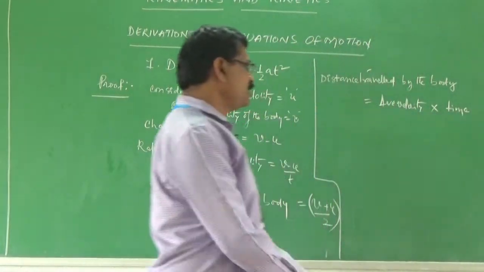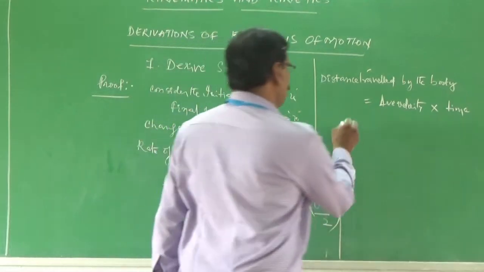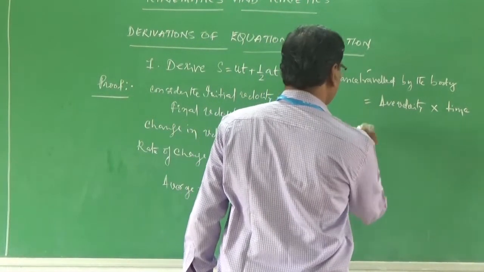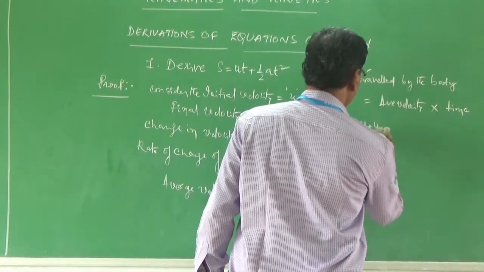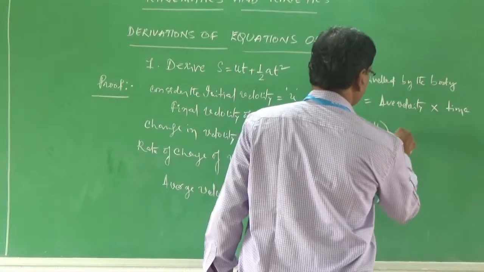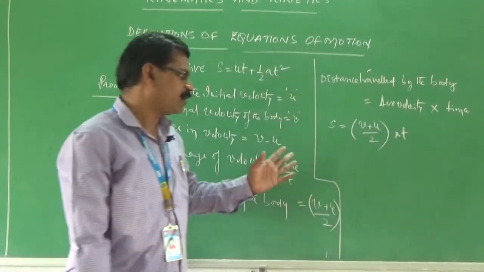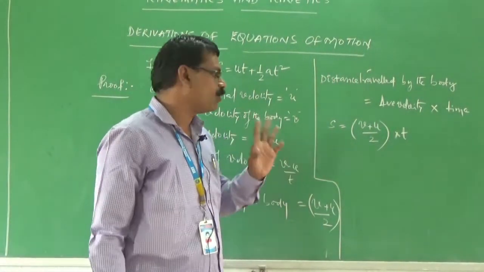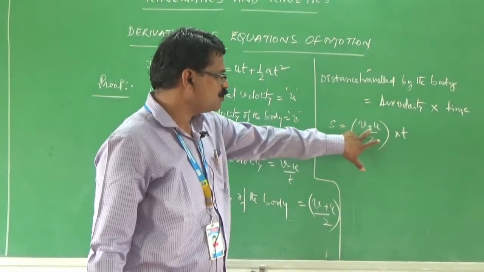So how could we write this in mathematical formulation? S is equal to (v plus u) by 2 into t. Let me explain what the terms in this formula are. S is equal to (v plus u) by 2 into t.